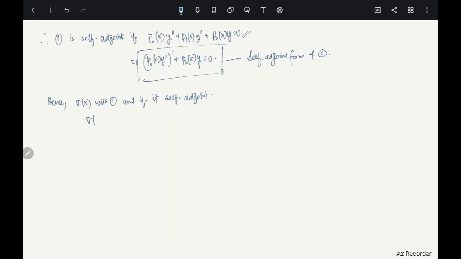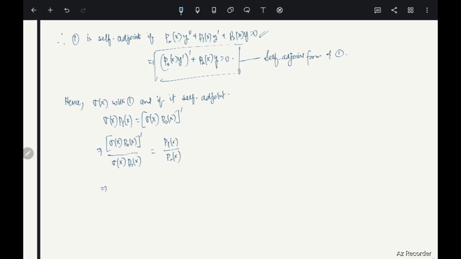So in that case, sigma of x P1 of x should be the derivative of sigma of x P naught of x. Is this okay? Let us do it this way. That will give you P1 of x by P naught of x, right?